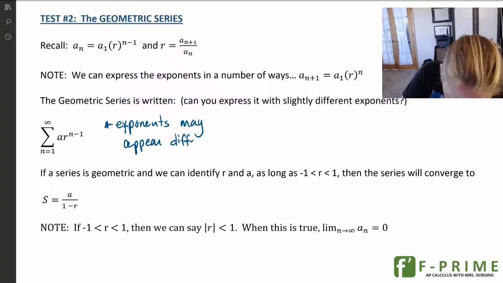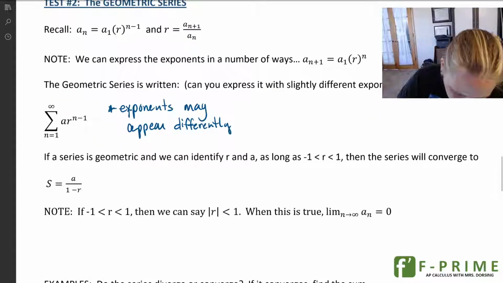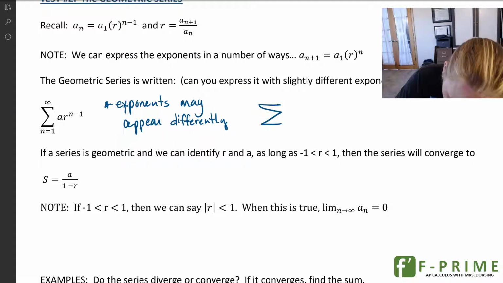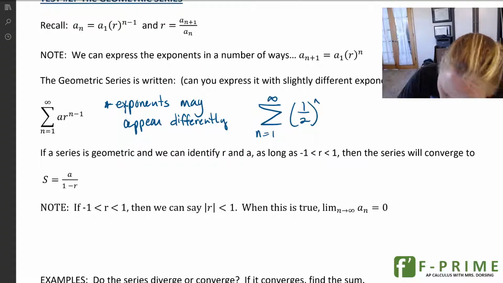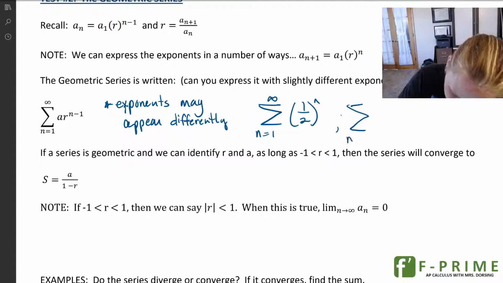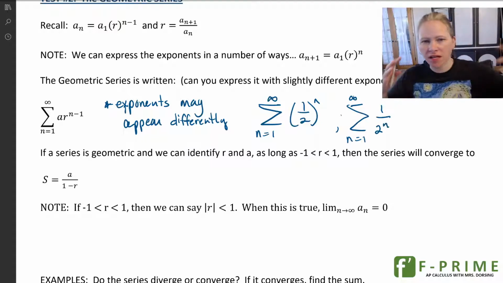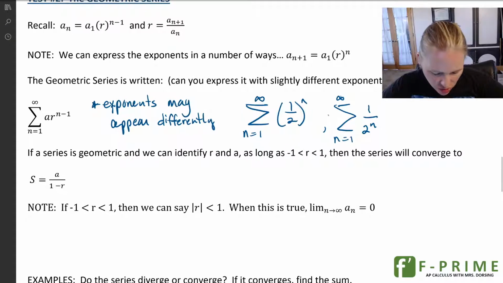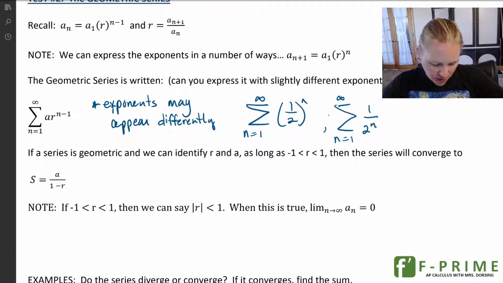For example, when I say differently, it might look like this, 1/2 to the n. You might also look like this, 1/2 to the n. So there's lots of ways that you could look and be a geometric series. The key is, when you write out the terms, are you multiplying by something?